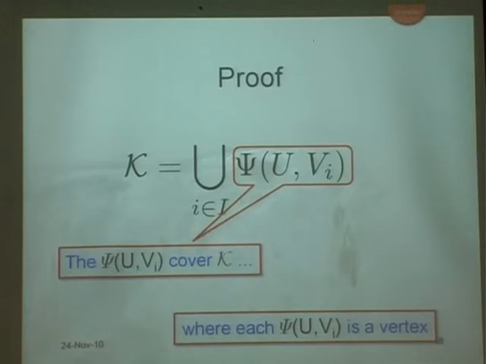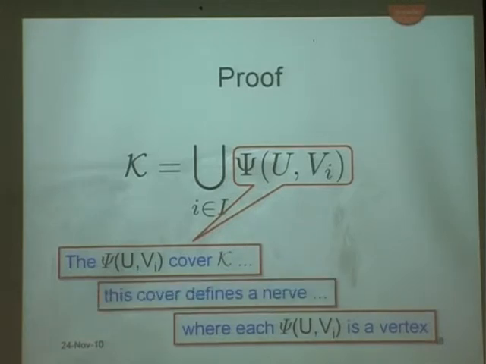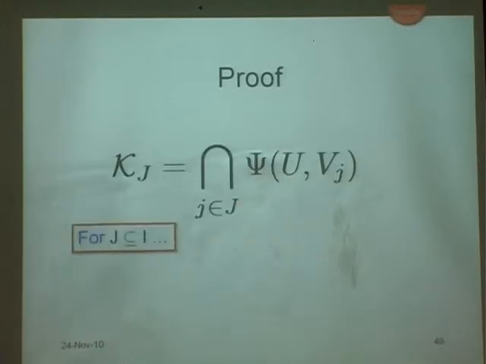So think of taking each of these spheres and replacing it with a vertex. And for every set, now we're going to say, this is a possible simplex of the nerve. This is a simplex of the nerve only if this intersection here is non-empty.